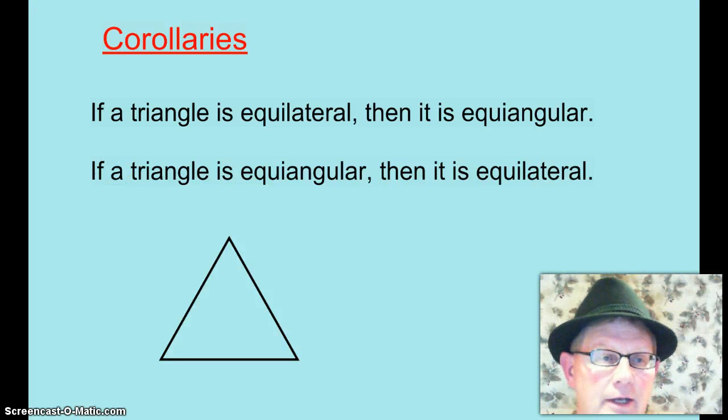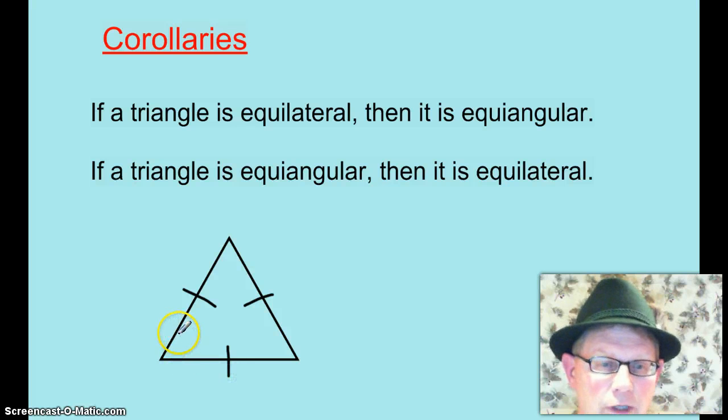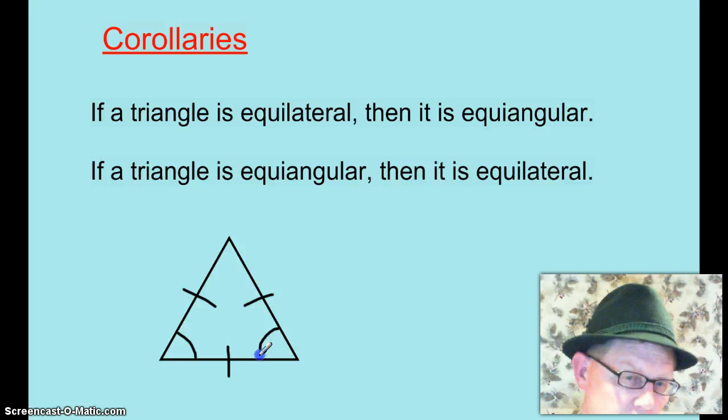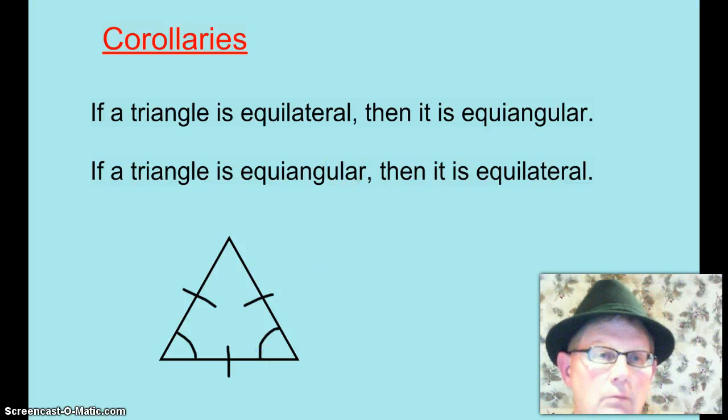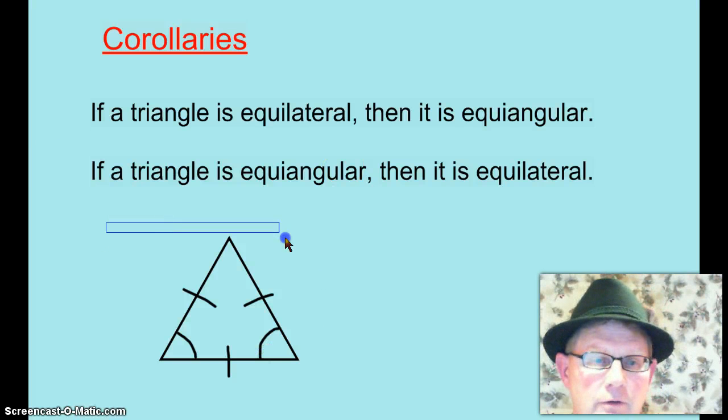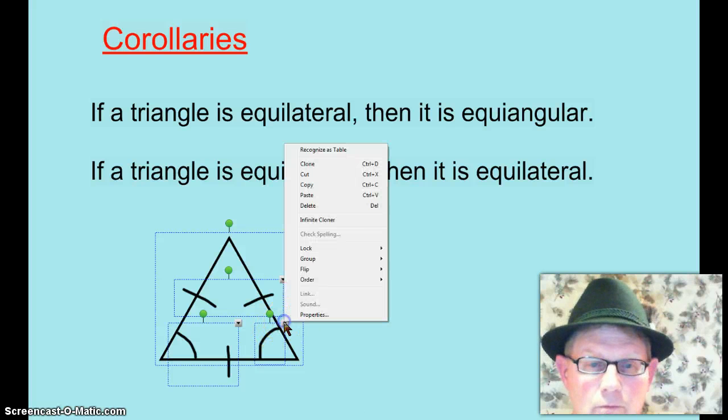All right, we'll go ahead and mark this up. If it's equilateral, well, we can get the base angle theorem working right there. Those two angles are congruent. Let me group these.